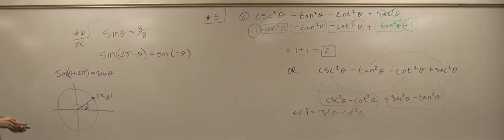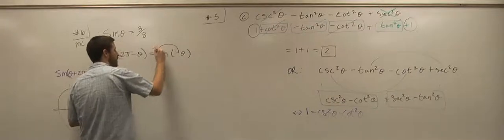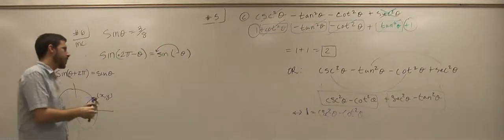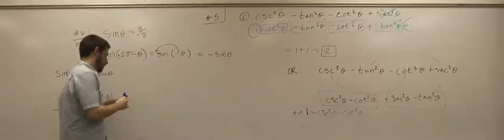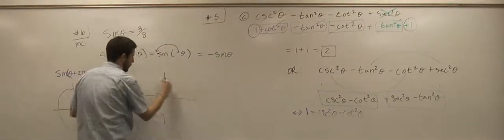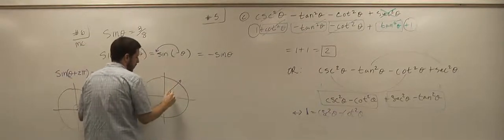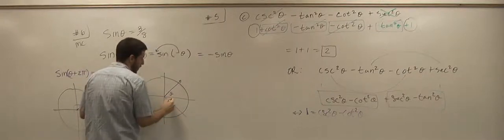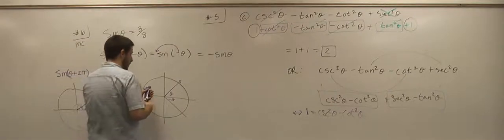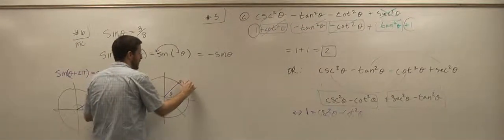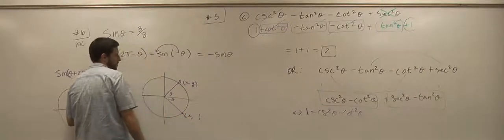What happens with negatives inside of sine? The negative inside of sine can be pulled out by what we call the even and odd properties. Right, the idea is whether you're up here at an angle of theta or down here at an angle of negative theta, the y value on the unit circle can be calculated, and what will be the difference?